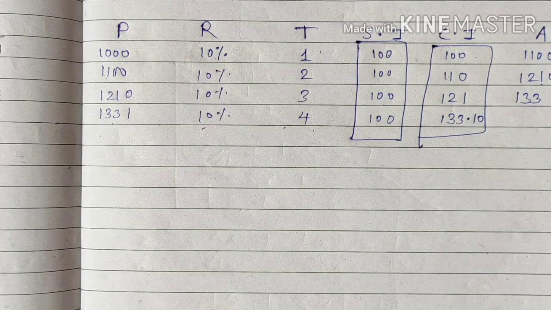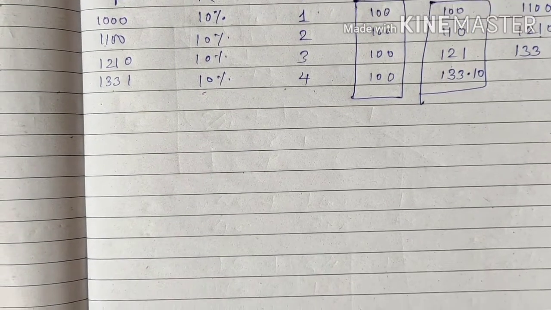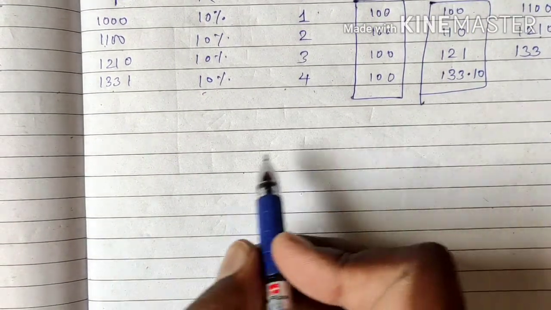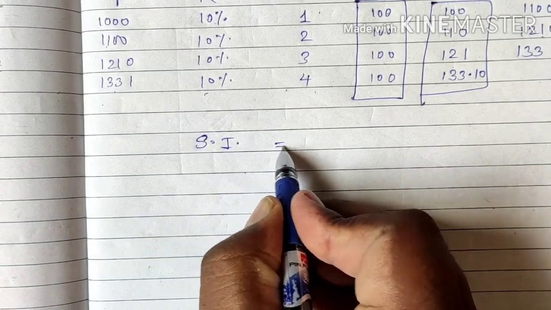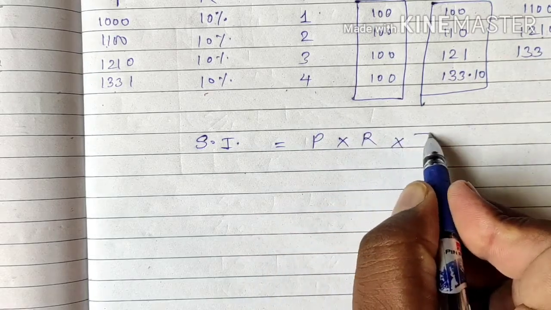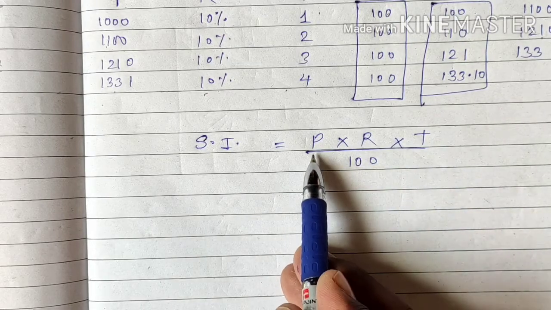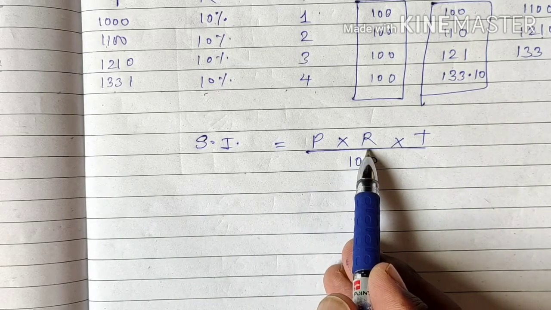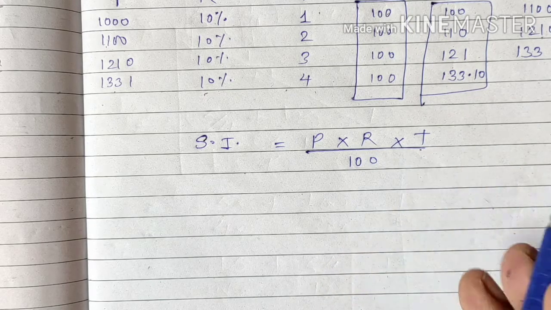Now let us learn the basic formula to calculate the interest. We have already learned the formula for calculating simple interest. The formula is P multiplied by R multiplied by T upon 100, where P stands for the principal, R stands for the rate of interest, and T stands for time.